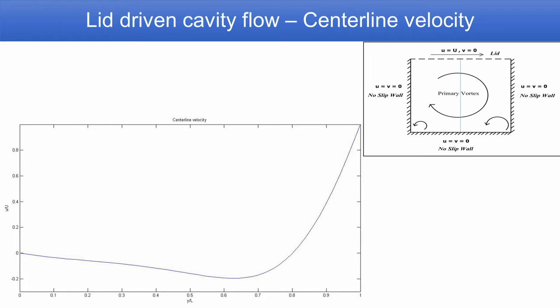If you non-dimensionalize any velocity by the driving velocity, then you get u by u, and that is what is plotted on the y axis, and the length of the cavity, in this case it is square, is taken as L, and that is used to non-dimensionalize the distance. So, we are going to plot along this line that is marked, and this is in the y direction, and that is non-dimensionalized with the length. So, you have y over L going from 0 to 1. So, 0 is on this side and 1 is on the other side.